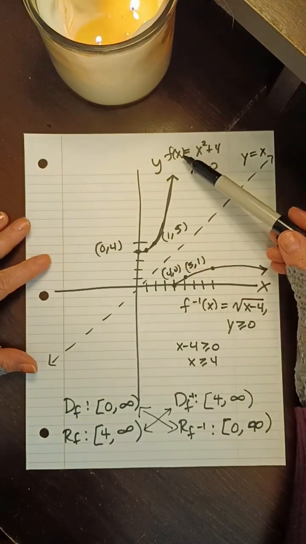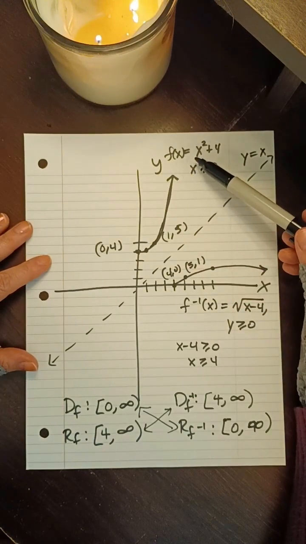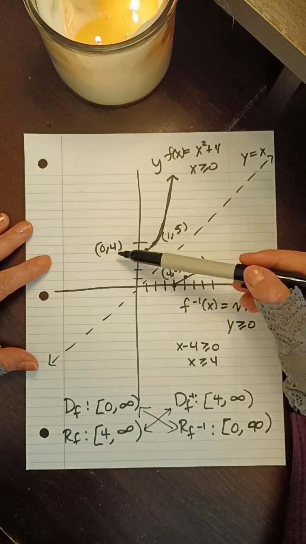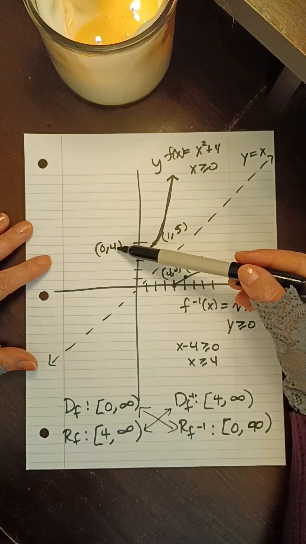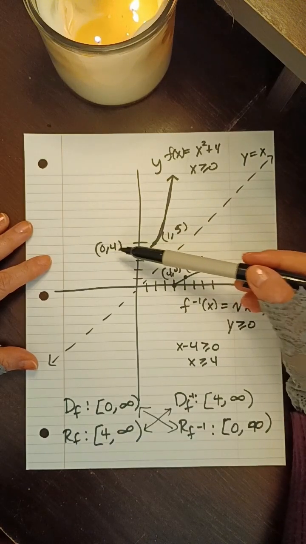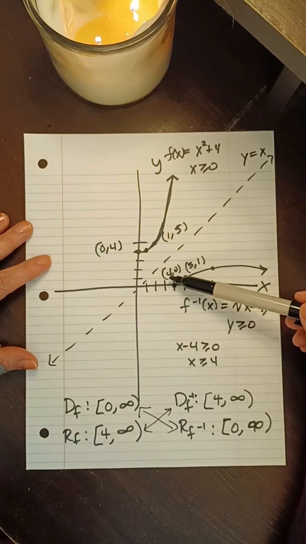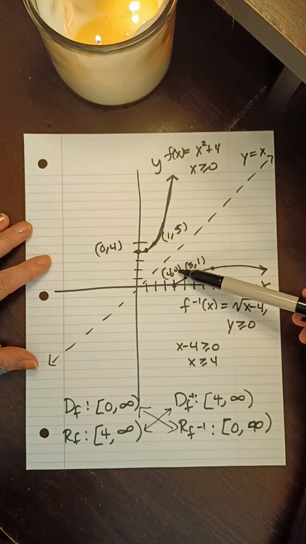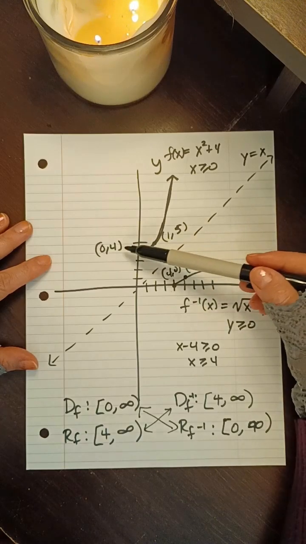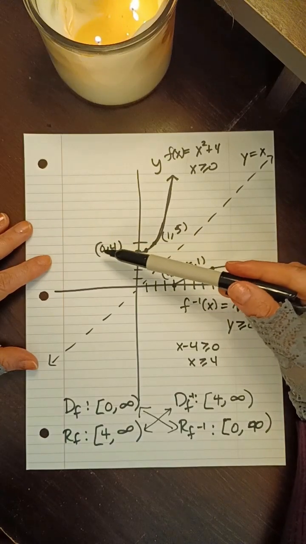0 will be the input of f. So I have f of 0, that's 0 squared plus 4. My output will be 4. Then when I take this output of f and make it the input of f inverse, the output is 0. So f inverse undoes whatever f did to it.